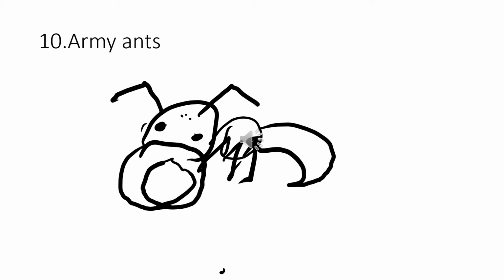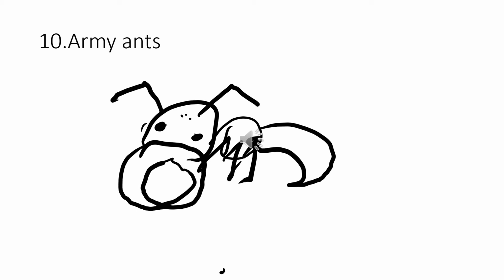Okay. At number 10, army ants. Now these are indigenous to South America and are one of the species of ants that have soldiers, which are a division, like I said, a division of the worker ant.